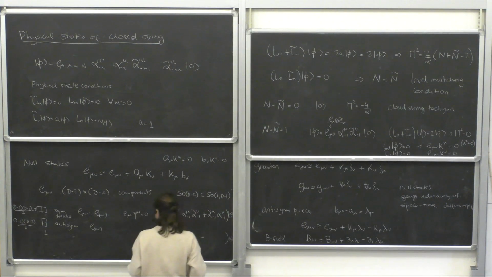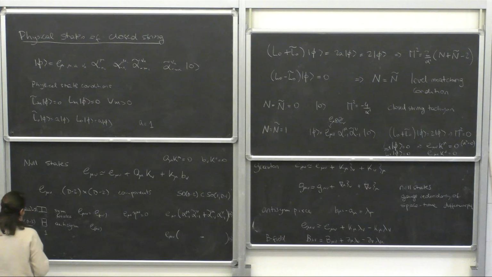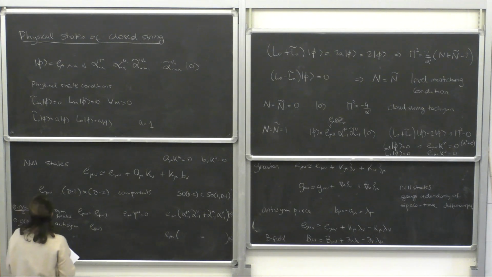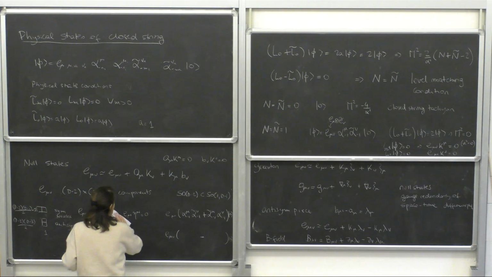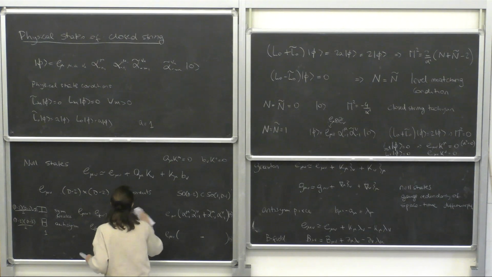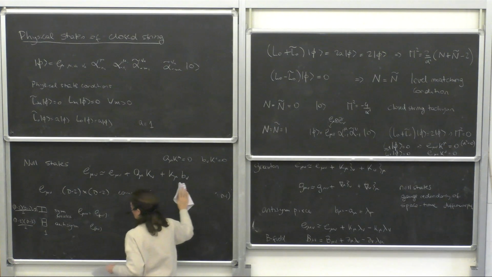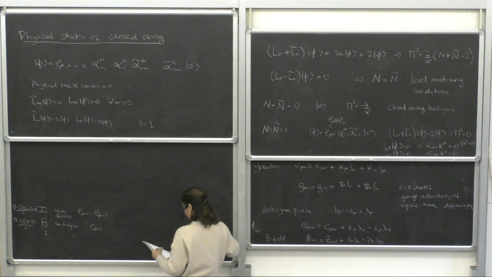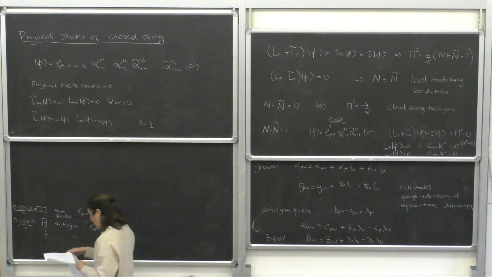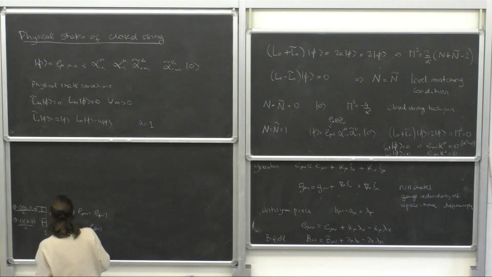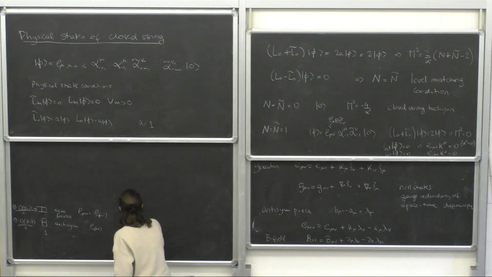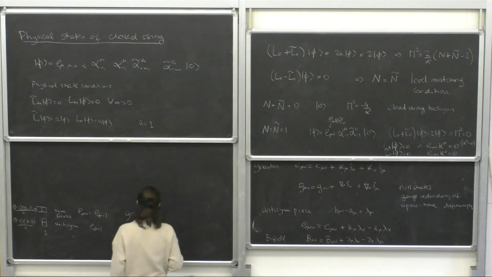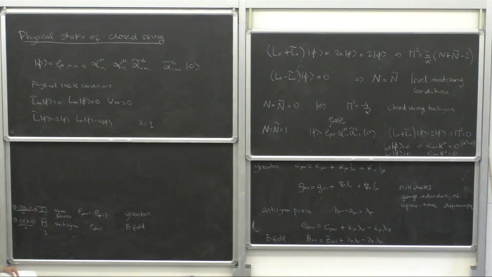And the last one is, so if I write the fields here, this is the graviton. This is the B field. I don't know, B field photon. This doesn't have a name.